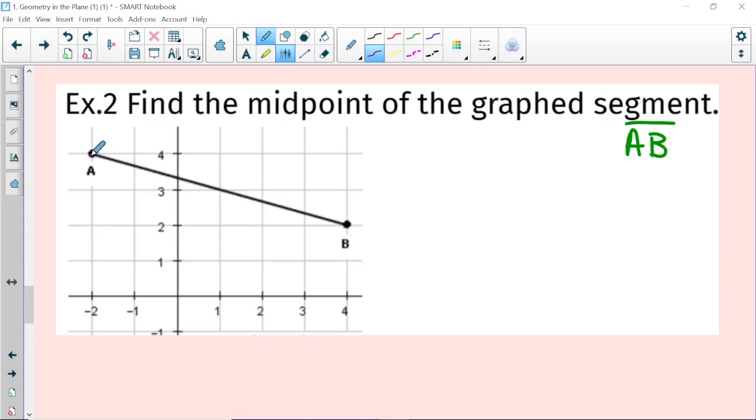Slope is rise, so which direction am I rising, up and down or left and right? Up. So my rise needs to be my Y value. So which direction am I going to go to get from A to B, up or down? Down. And what do we use in the math to represent down? The negative sign. So we're going to go down how many? Count with Mr. Paul.